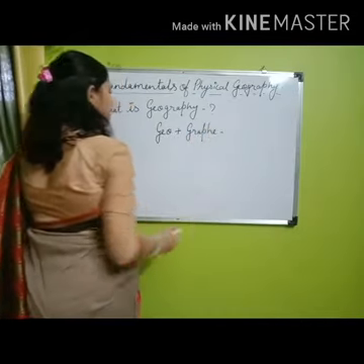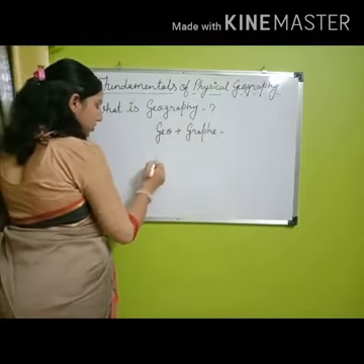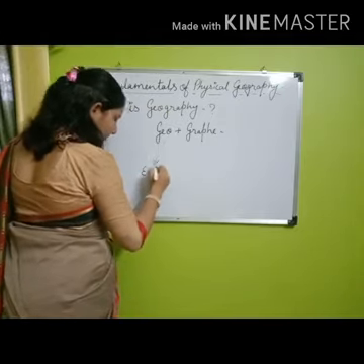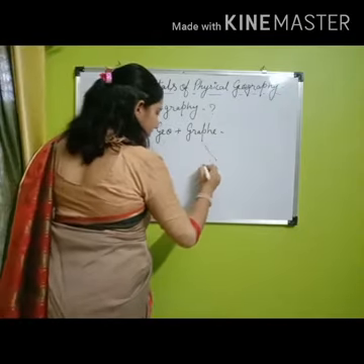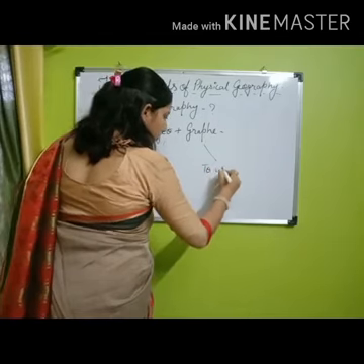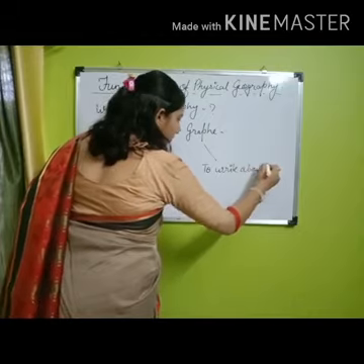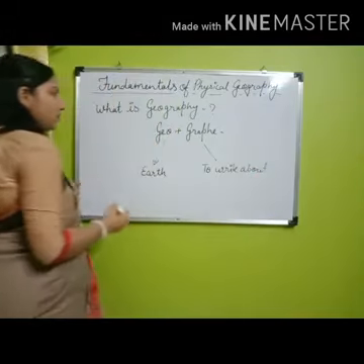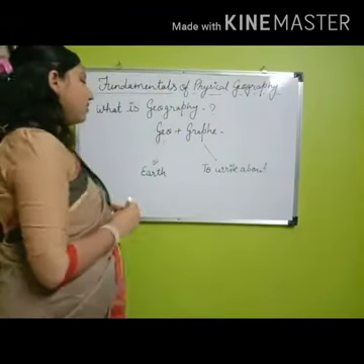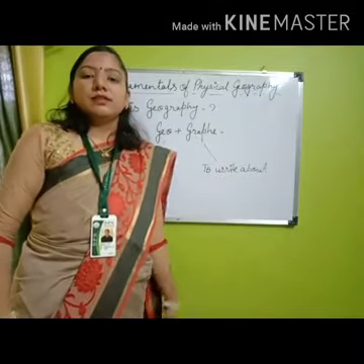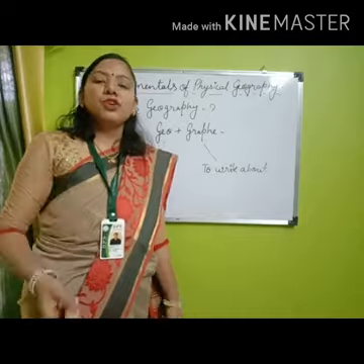Geo means earth and graphy means to write about. So here we can say geography is the study of the earth, in which we write about the earth. So let's see the proper meaning of geography.